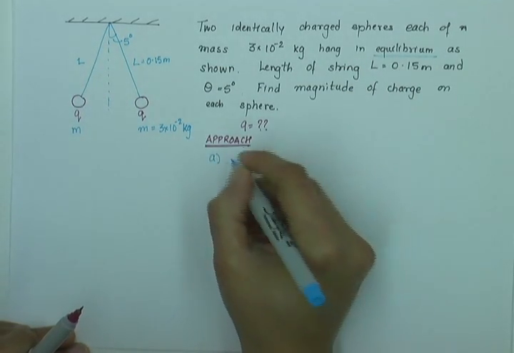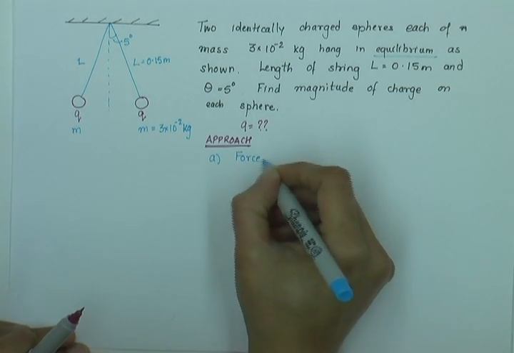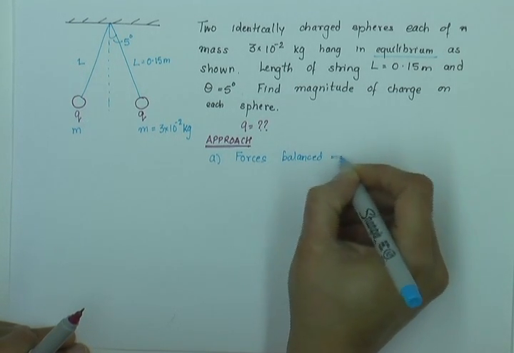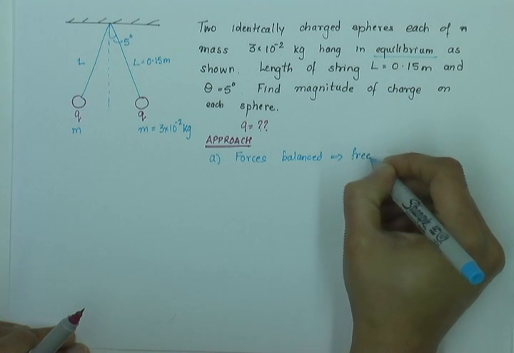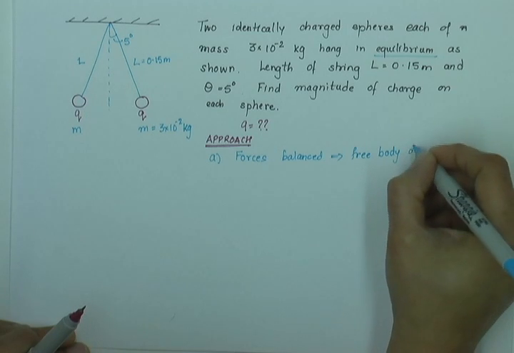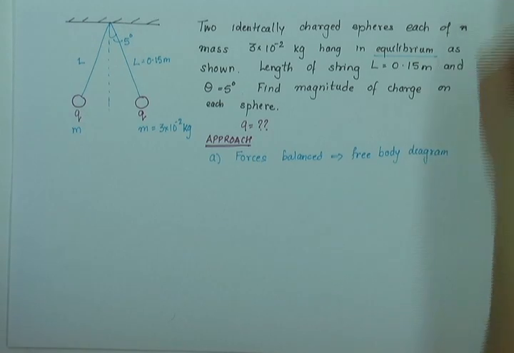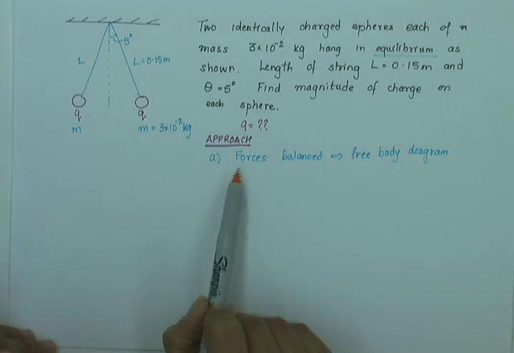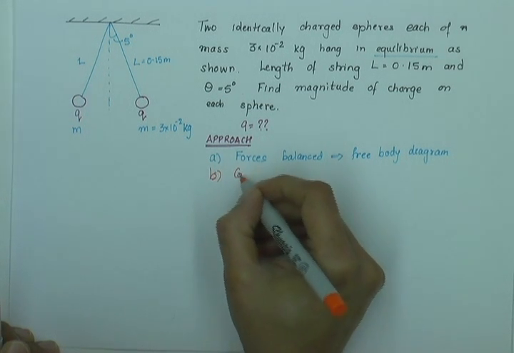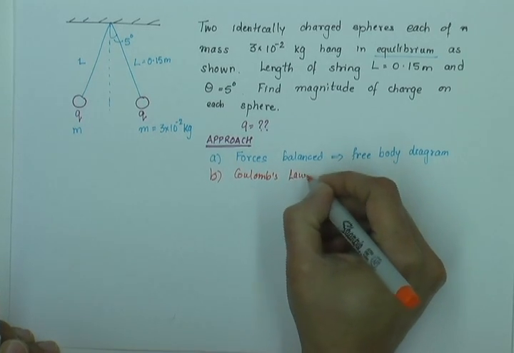So I am going to use a free body diagram because the forces are balanced, and I can use my free body diagram to find out what forces are acting on the sphere and how they behave. Secondly, I want to find out the charge and there are forces involved. So obviously I will have to use Coulomb's law. So second will be to use Coulomb's law. And let us see how that pans out.